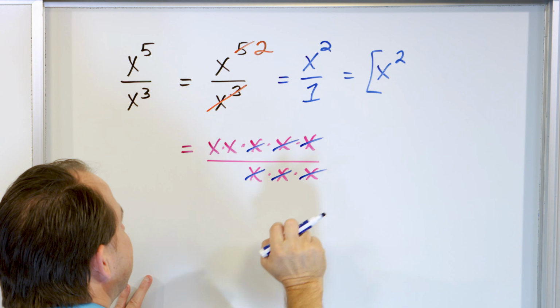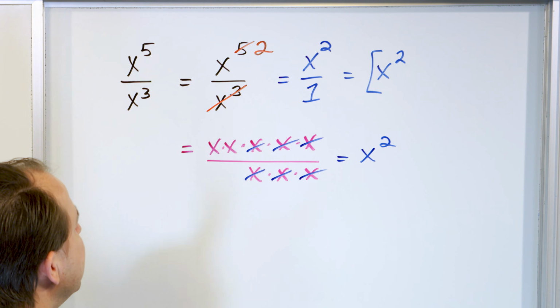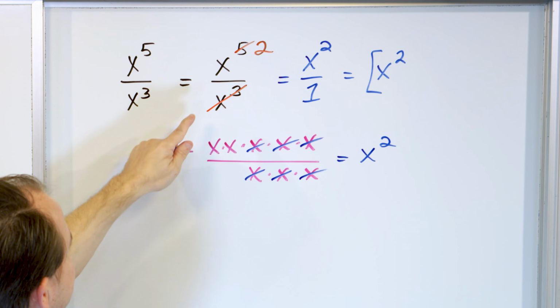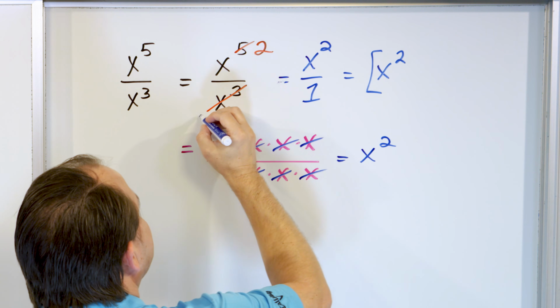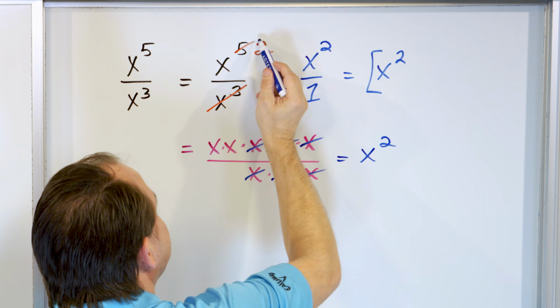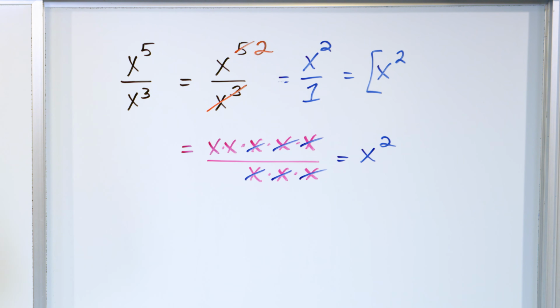They all divide away to give us 1, and all you have left is x times x, which is x squared. Usually we do not write this whole thing out. I'm doing it so you'll understand what we're doing. Usually you strike through. When I'm canceling all of the x's, I'll go through the whole thing, and just notice I only strike through the exponent up here, revealing x to the power of 2 left behind. All right.